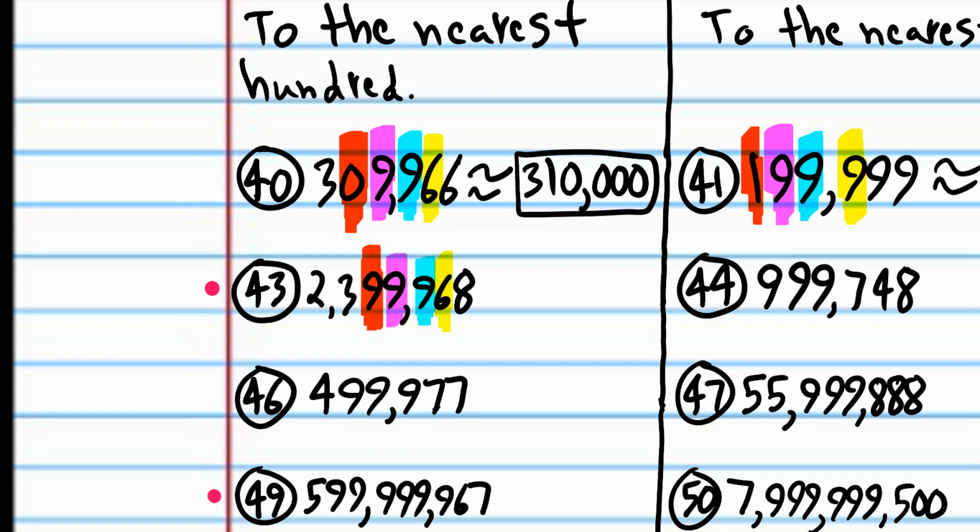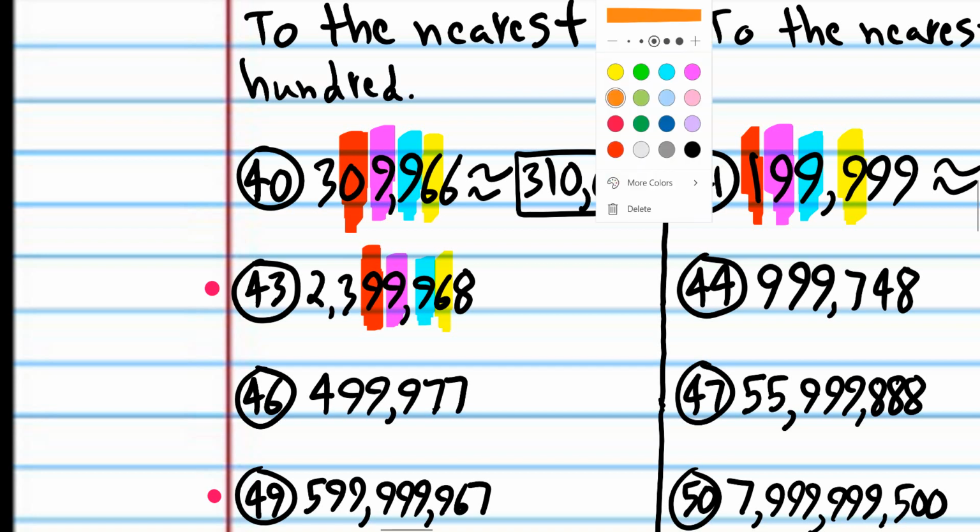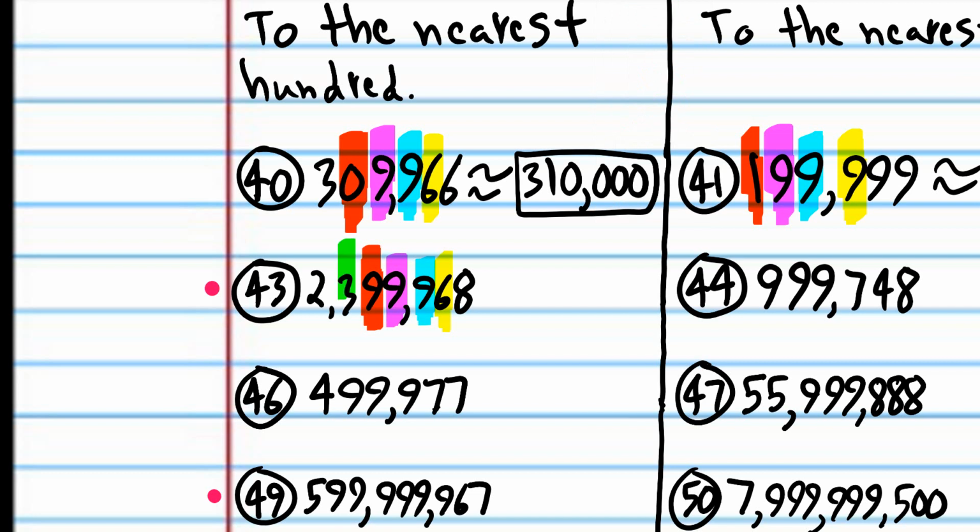But the problem is it's 9 also, so it can't really go up anymore. So we're going to have to get a new highlighter color, maybe green. And we're going to have to round this number up by 1. So that becomes 2 million, and the green goes up by 1 to 4, and all the other numbers go to 0.